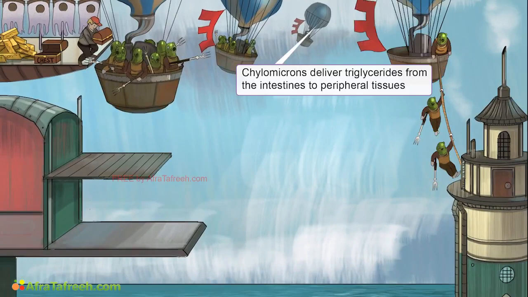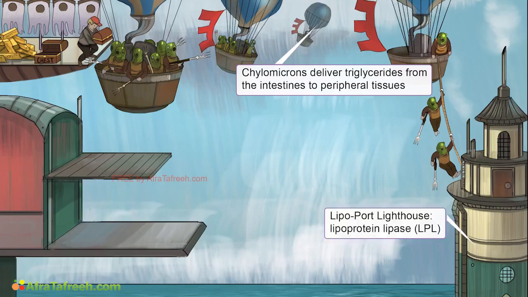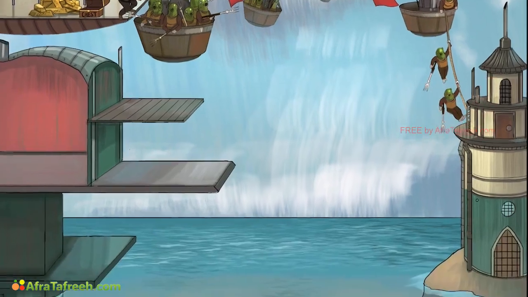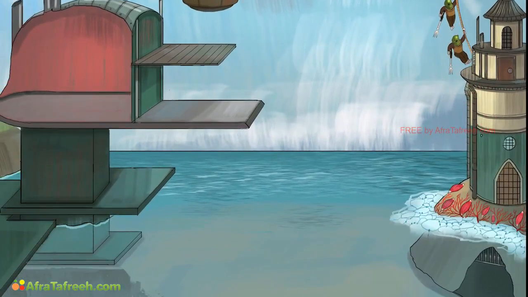At extrahepatic tissues, an enzyme called lipoprotein lipase, or LPL, hydrolyzes triglycerides in chylomicrons to release free fatty acids. Just think of our chylomicron hot air balloon docking at this lipoport lighthouse, where our triglyceride passengers are able to disembark. LPL is attached to the luminal surface of capillaries in and around these extrahepatic tissues.